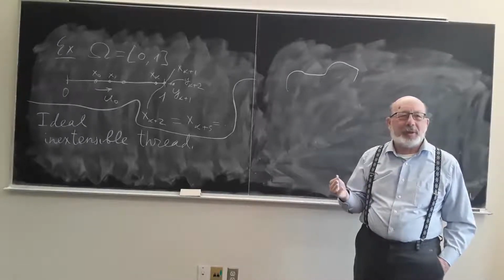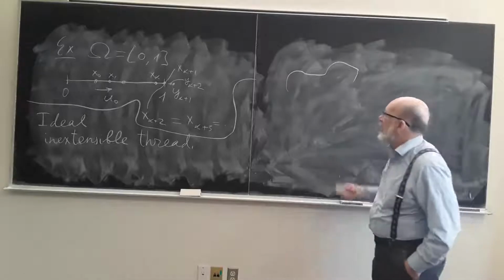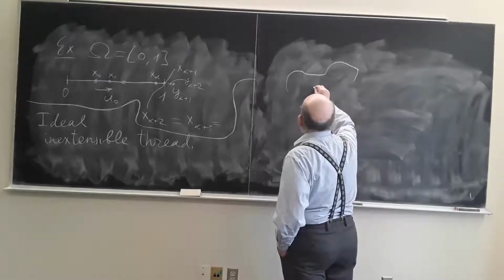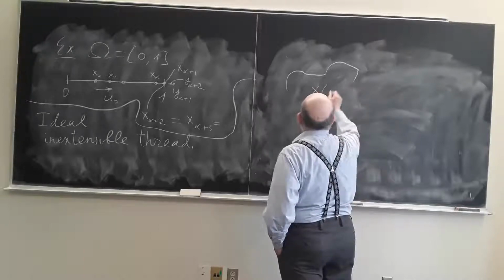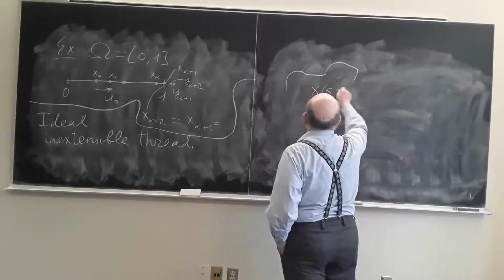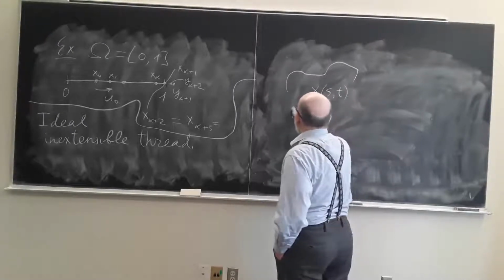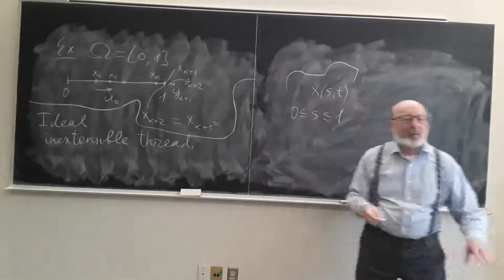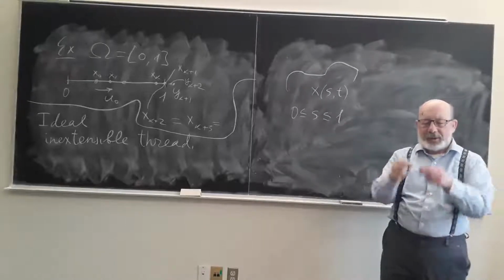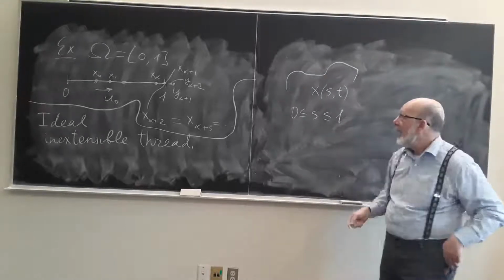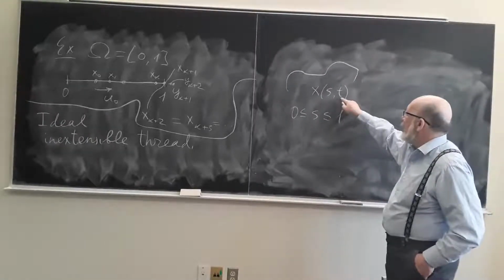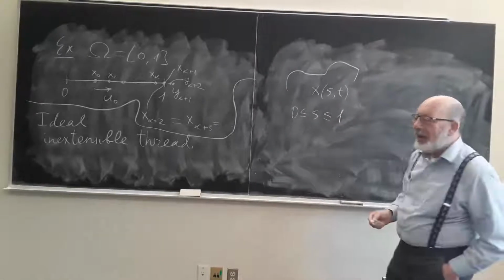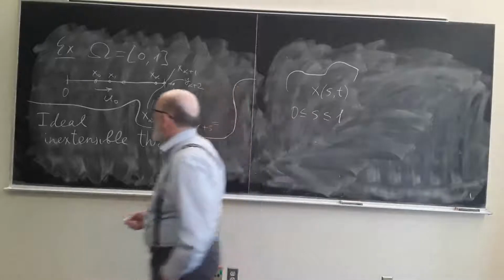in any space dimension, maybe even one-dimensional, which is defined by an equation x of s and t. For example, s is between 0 and 1, so it is just a piece of thread. t is time, so it all depends on time. Now, what does inextensible mean?